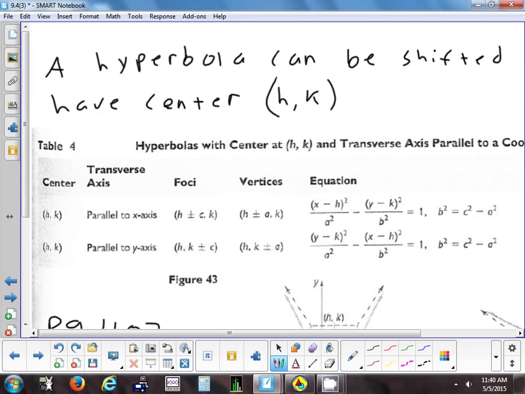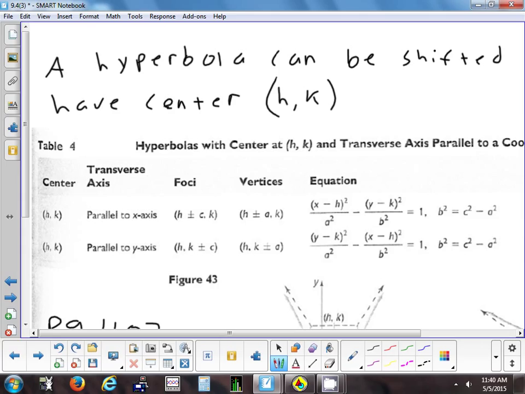To find your new foci, if your transverse axis is horizontal, you're going to shift left and right C units from the center. If your transverse axis was vertical, you would shift C units up and down from the center. And A is also the amount you're going to shift from the center to get your vertices.